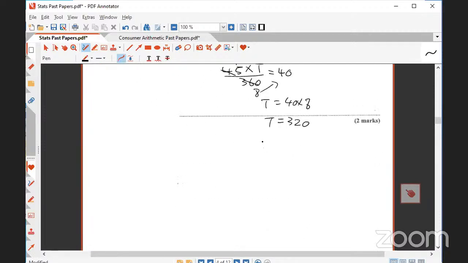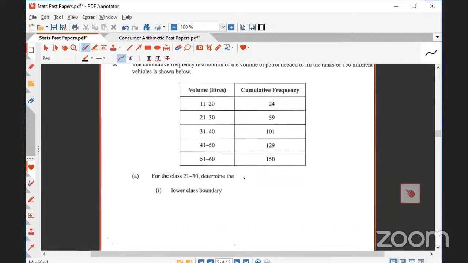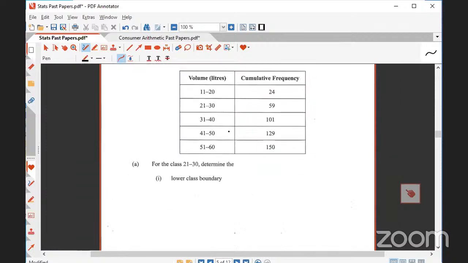All right, so the total for that was 320. All right, so we're moving on to this question now. For this question, I want you guys to draw the table.